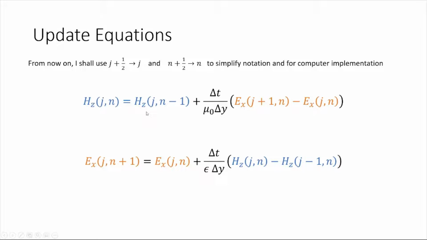So at each time step, we're going to update Hz at j, n for all j, and then we're going to update Ex at j, n plus 1 for all j. So when we have this formula, we know already what Ex at n is, and when we go to this formula, we know already what Hz at n is.